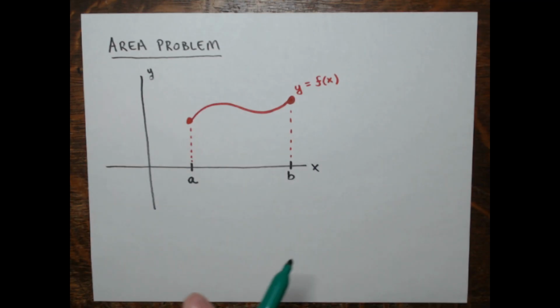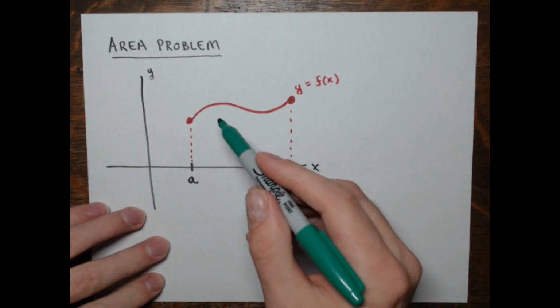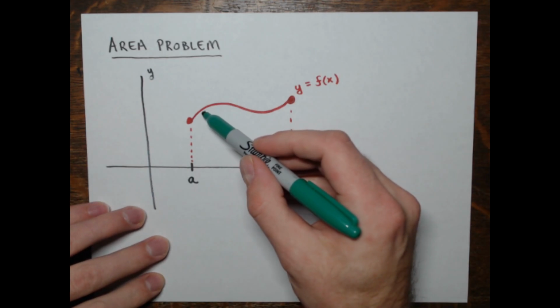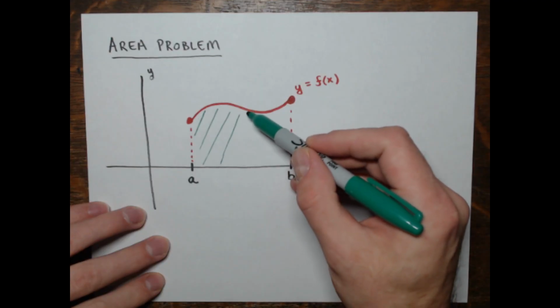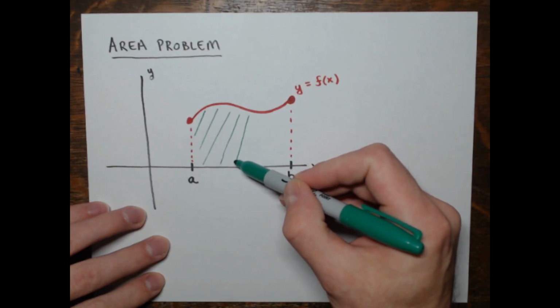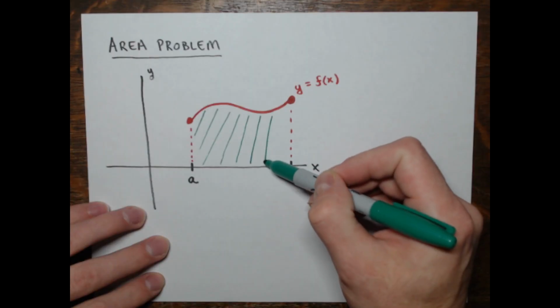So what this area problem is about is, can we find how much space is taken up between the curve and the x-axis? This is the initial area problem.